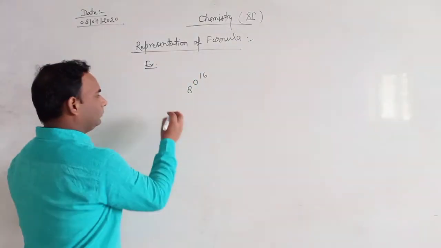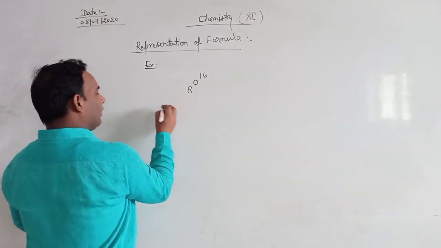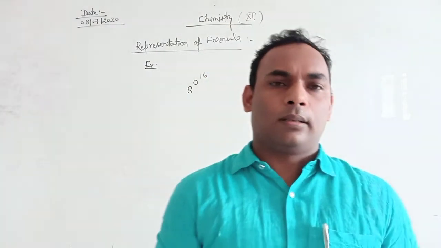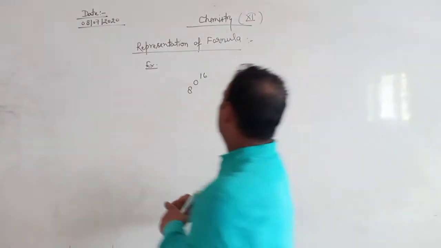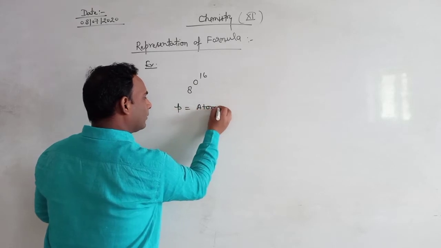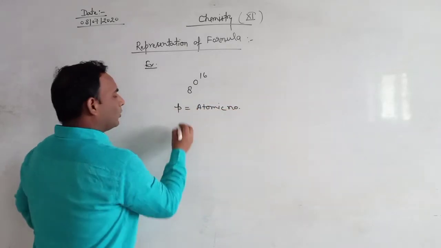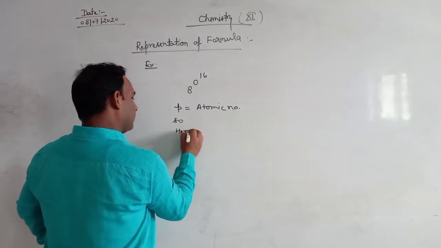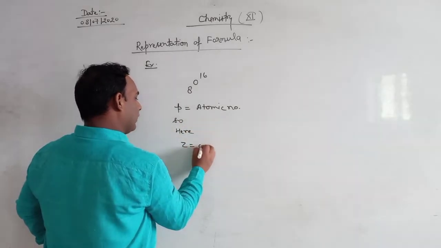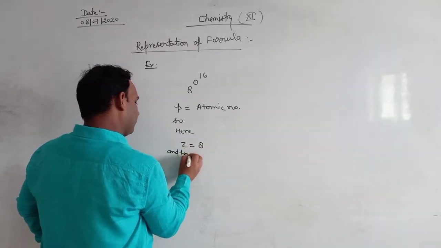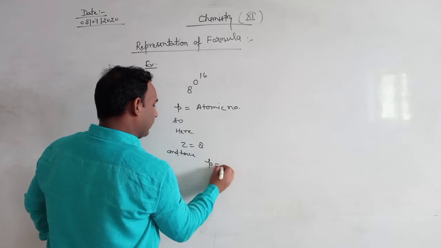So by convention we know that the number of protons is called the atomic number. So here Z equals 8 and hence P equals 8.